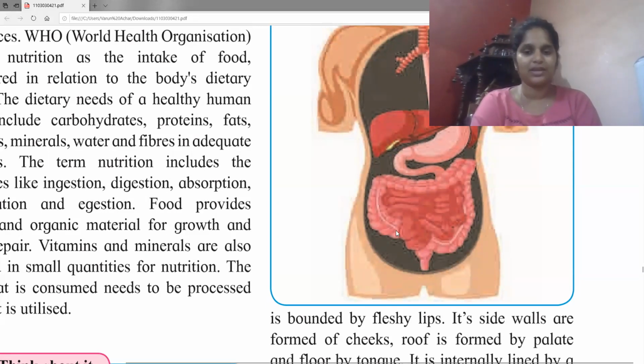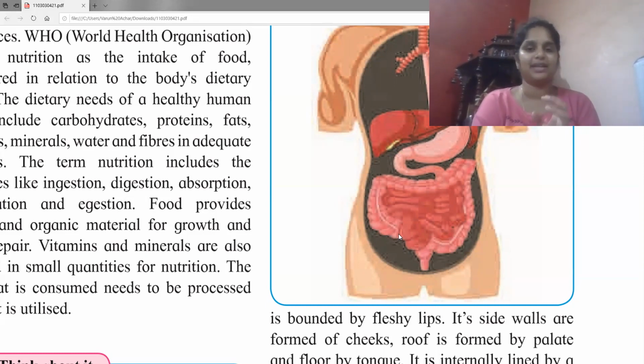Now, just where the small intestine joins with the large intestine, there is a huge pouch-like structure, and that pouch-like structure has many bacteria which are very essential for your health. In the Yakult ad we would have seen that the girl tells us there are some good bacteria and some bad bacteria.